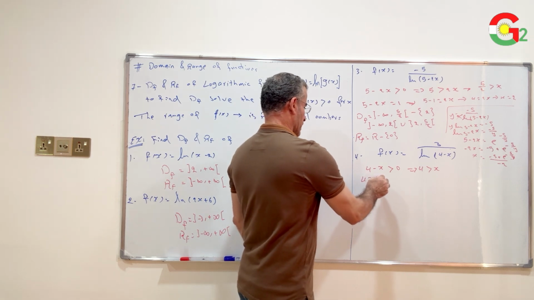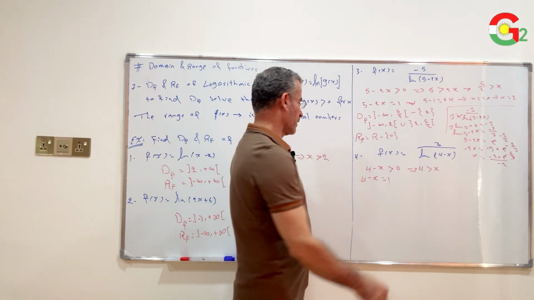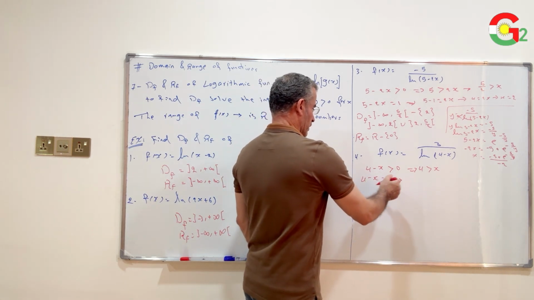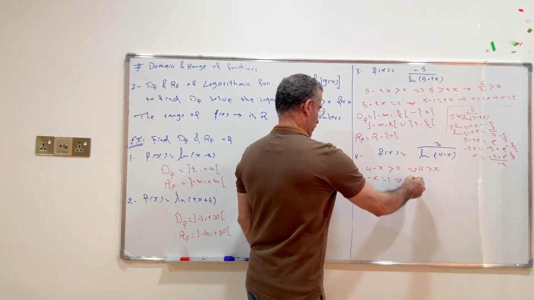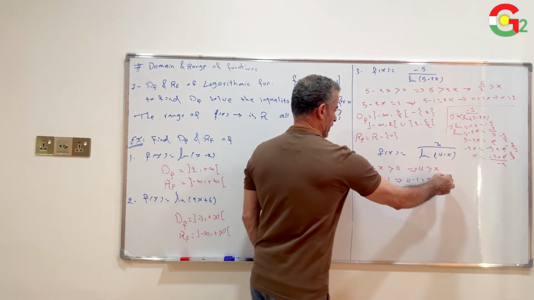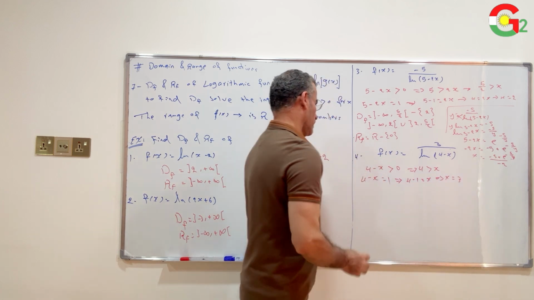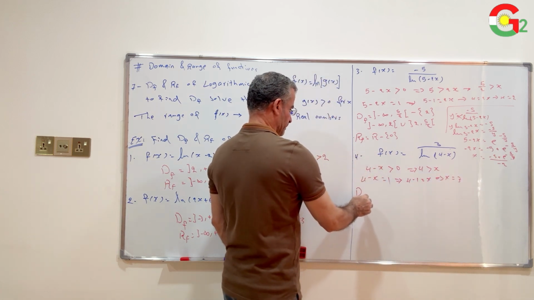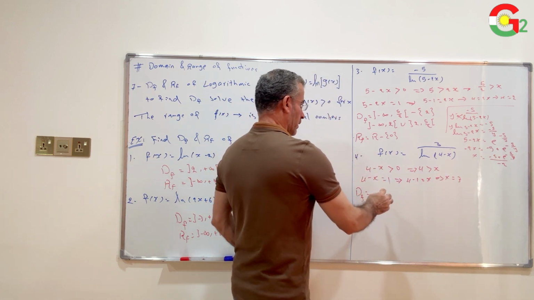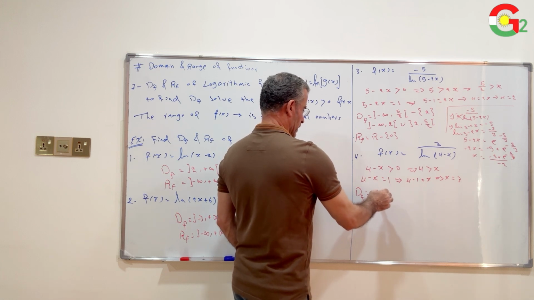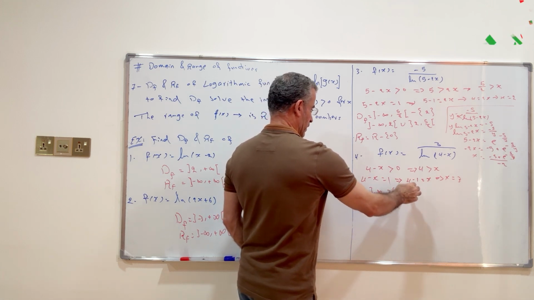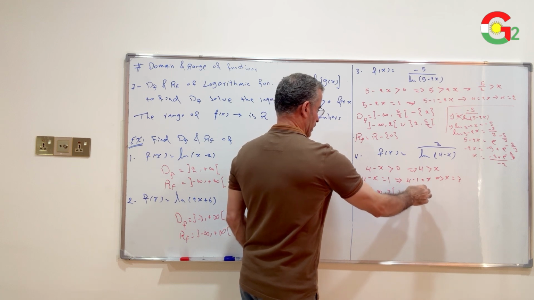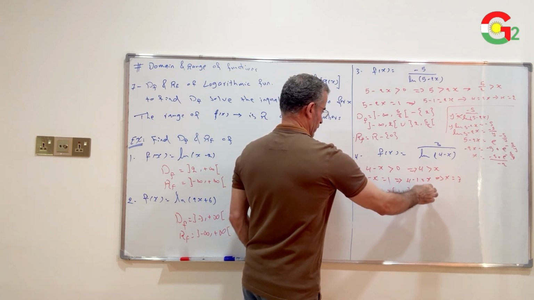Solve 4 minus x equal 1 to find the value that makes the denominator 0. 4 minus 1 equal x or x equal 3. Then the domain will be negative infinity to 3 union 3 to 4.